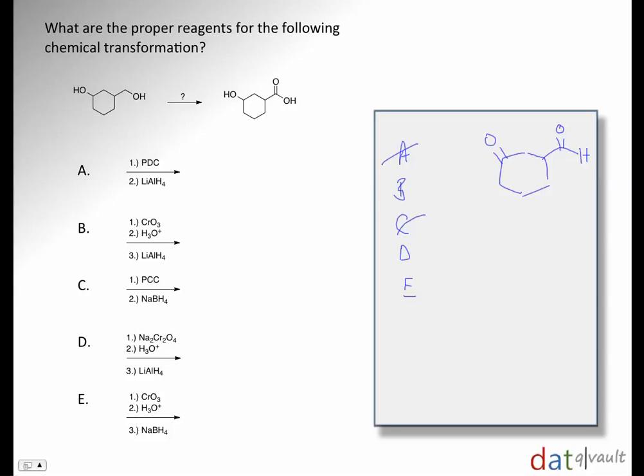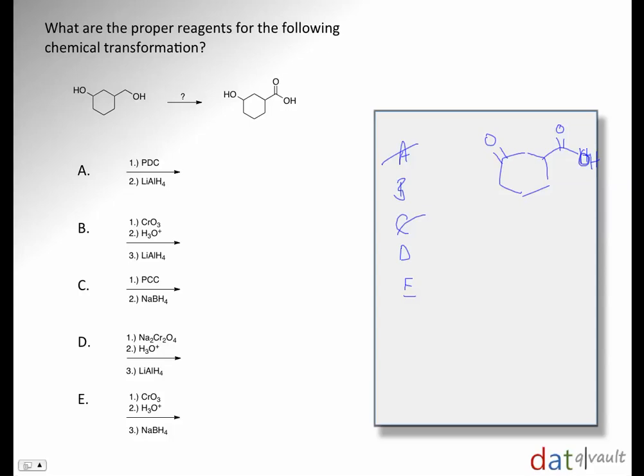So in order to do that, sorry, this should be a carboxylic acid, we need to pick the correct reagent to be able to do this reduction. So we need a reducing agent that is strong enough to be able to reduce this ketone, but not strong enough to be able to reduce this carboxylic acid back down to the alcohol.